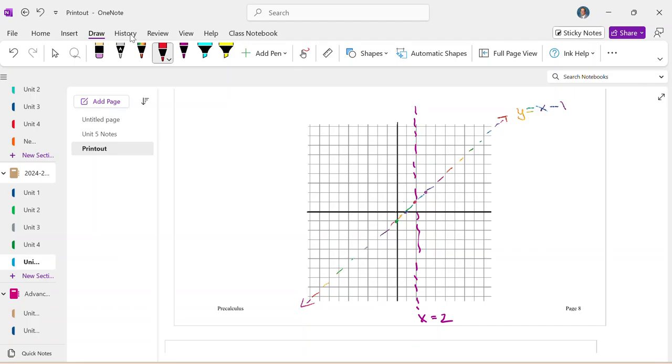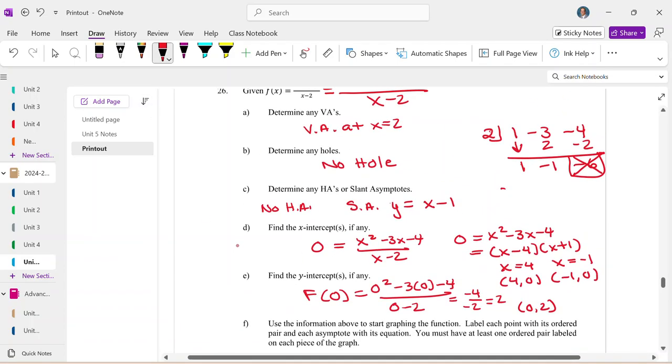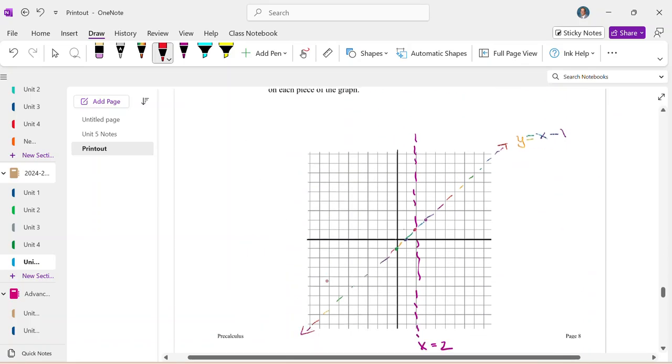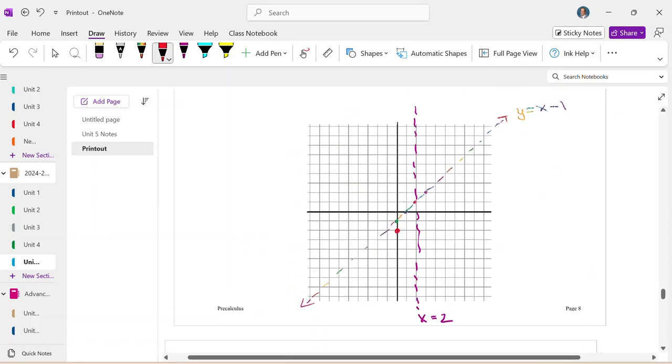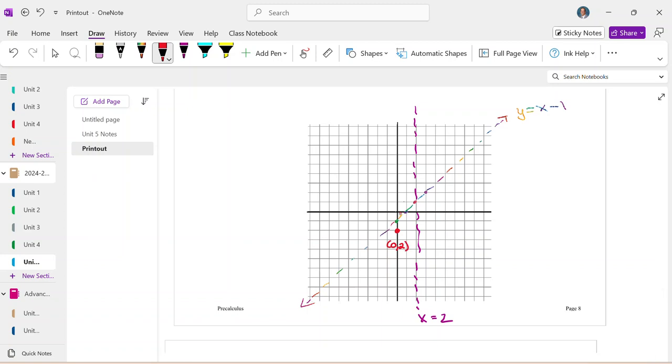So then the y-intercept is at (0, 2), right here. The x-intercepts are (-1, 0) and (4, 0).